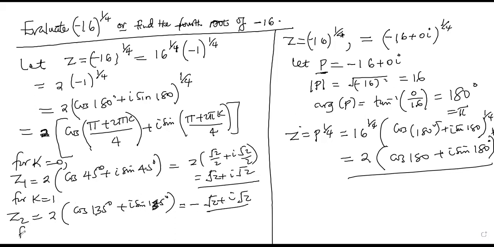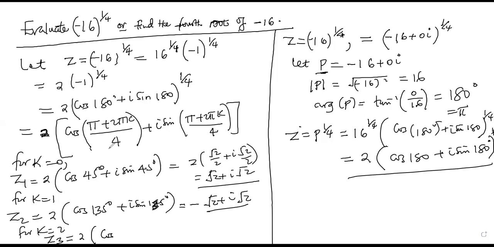Then for k equal to 2, we shall get z3. Z3 will be equal to 2 cos, wherever there is pi, put 180 and then divide by 4, and wherever there is a k, put a 2. So this will be 4 pi plus pi, that is 5 pi over 4.